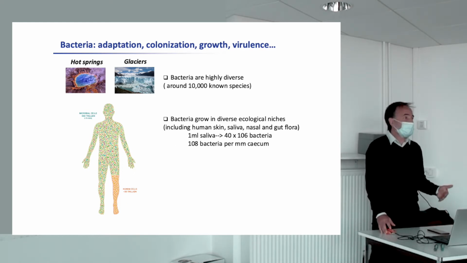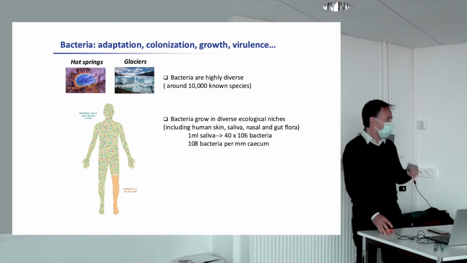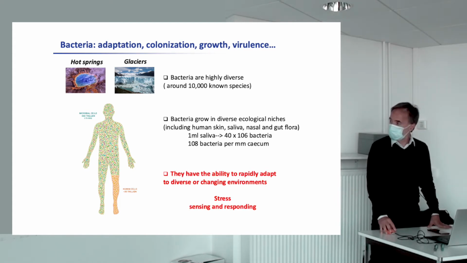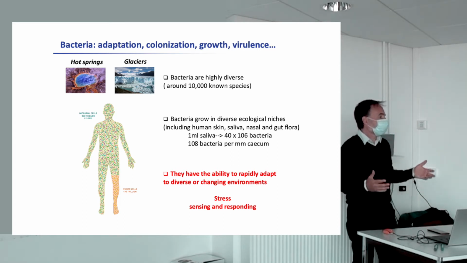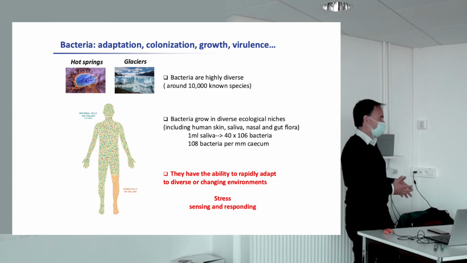So this bacteria has to face the immune system. This bacteria has to face different stress conditions, as we are going to see briefly. How are they doing that? The concept of stress is very important.